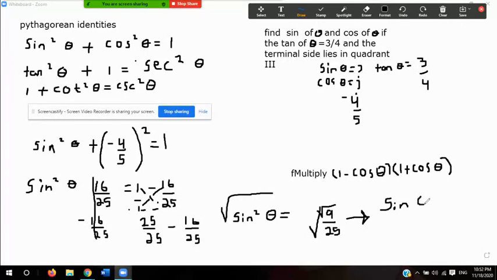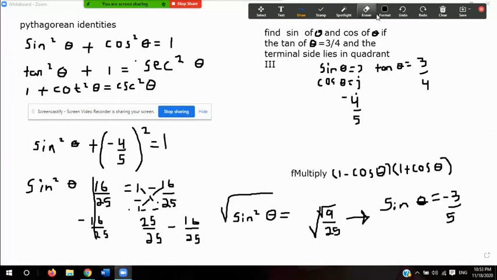But it says that it is in quadrant 3, and in quadrant 3 the sine is negative, so my answer is actually that the sine of theta is negative 3 over 5.